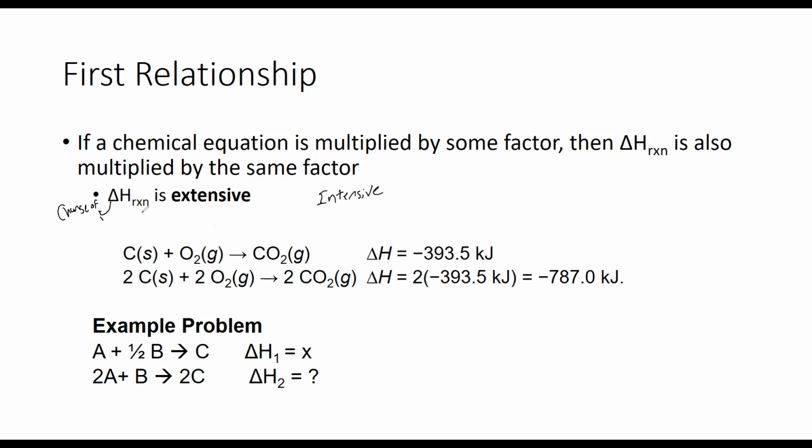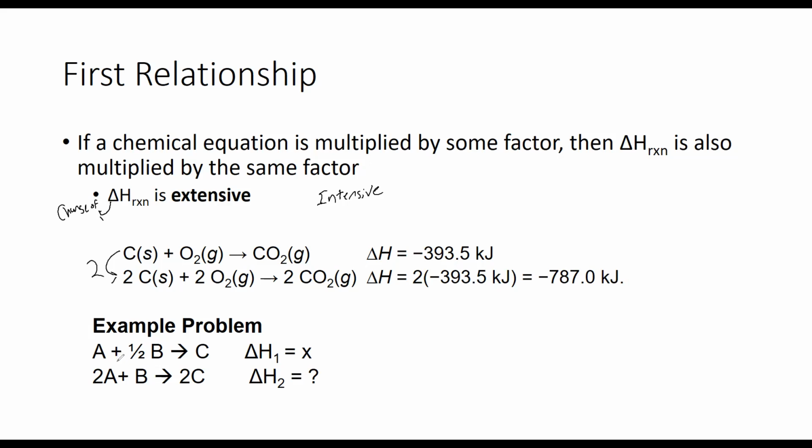The first is multiplication. Let's say we have a reaction: carbon plus oxygen makes carbon dioxide. The change in enthalpy of this reaction is negative 393.5. If you multiply this equation by 2, we just multiplied everything in that equation by 2, the enthalpy gets multiplied by 2.